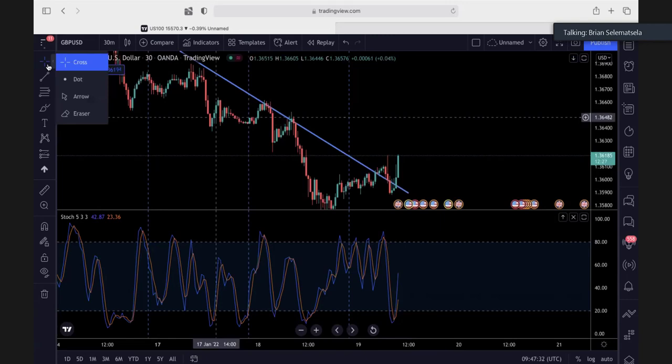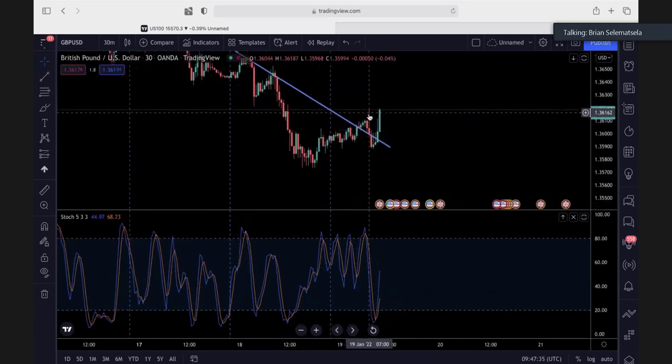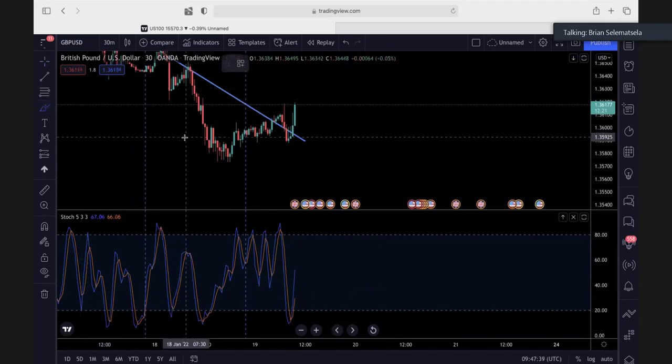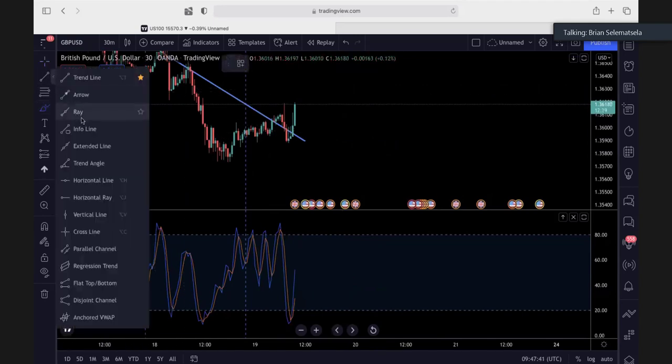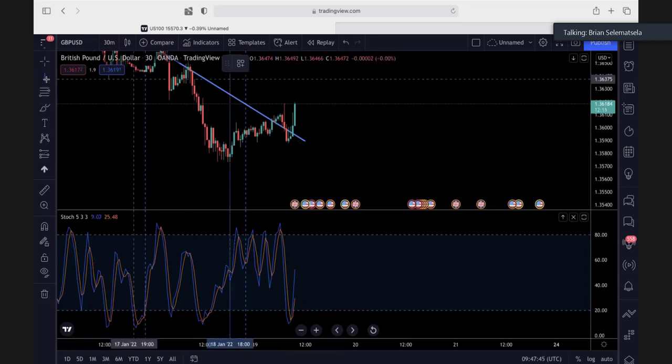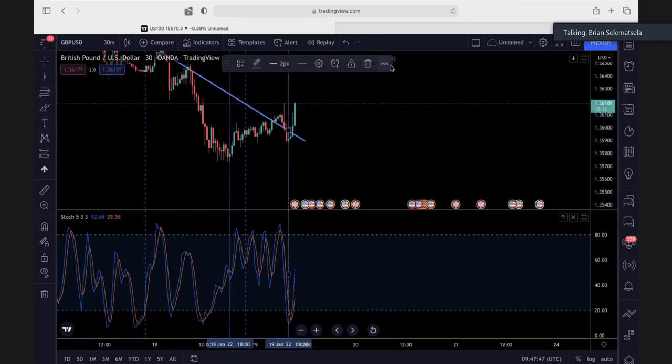Immediately after the breakout, the market retested, now the first divergence using this time frame. I compare the points, and I'm using the vertical line to show exactly where the market was and where the stochastic was. The market was here when the stochastic was there.